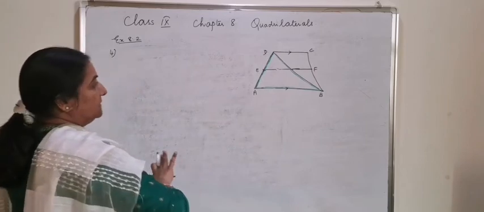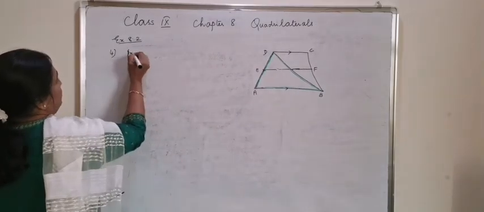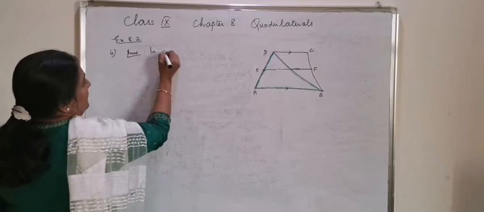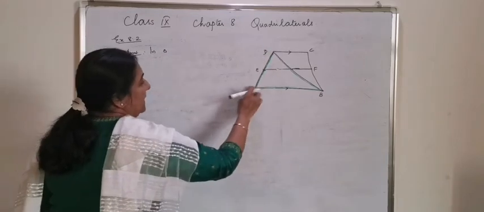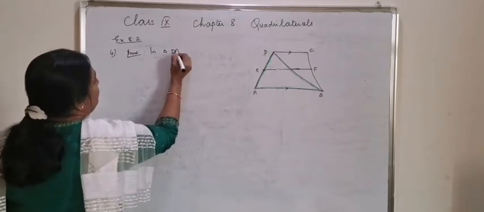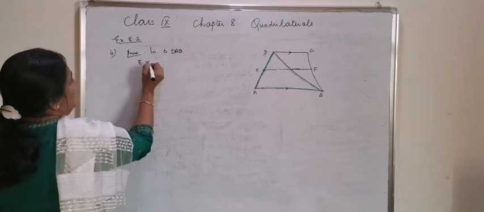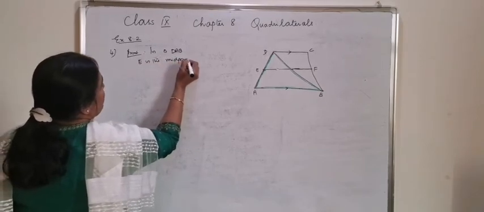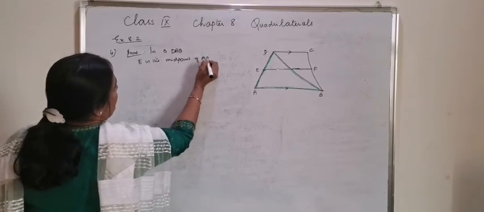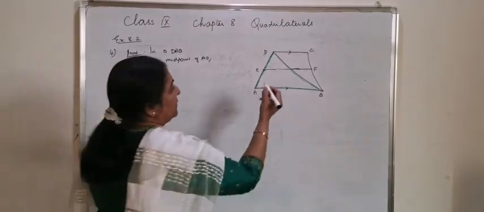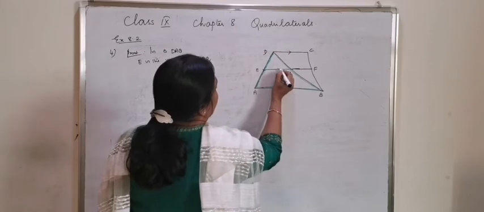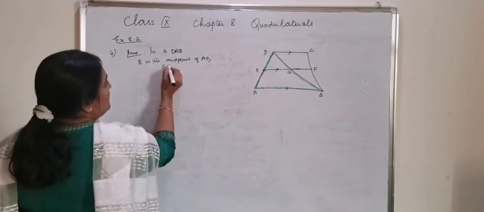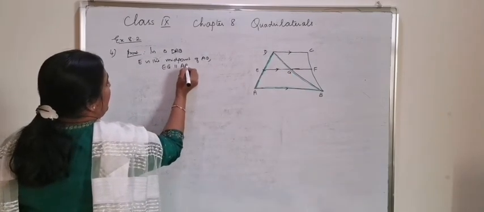in triangle DAB, E is the midpoint of AD. First condition. Second condition, let's plot this point as G, EG parallel to AB.